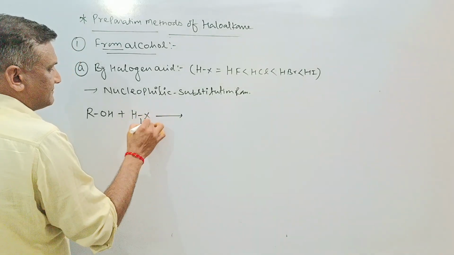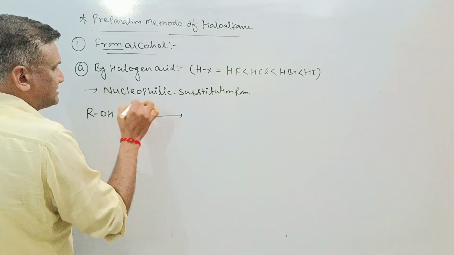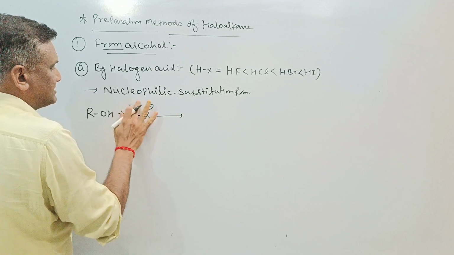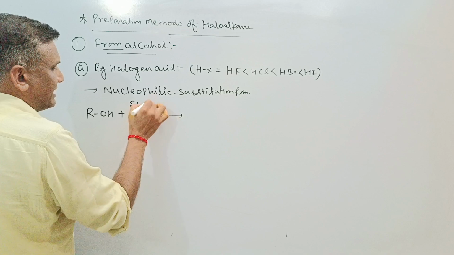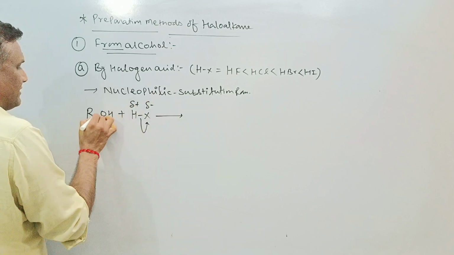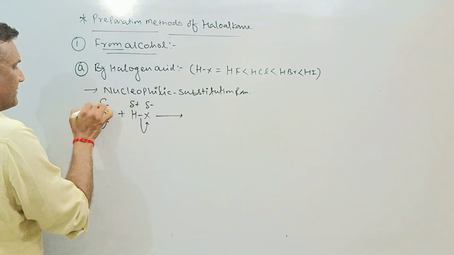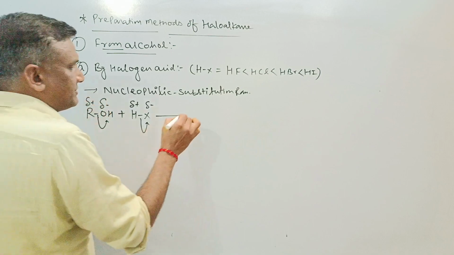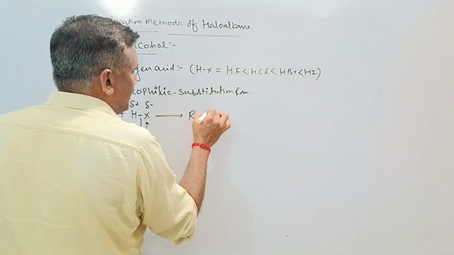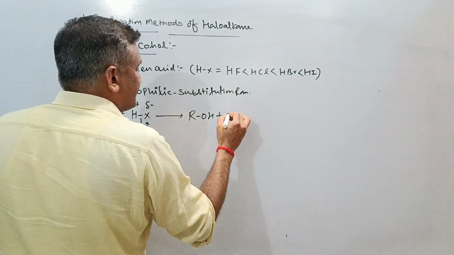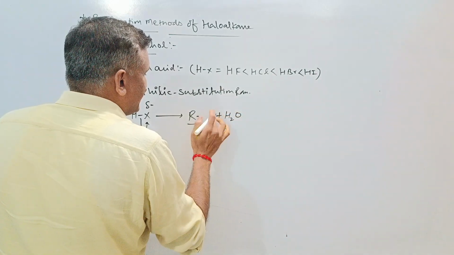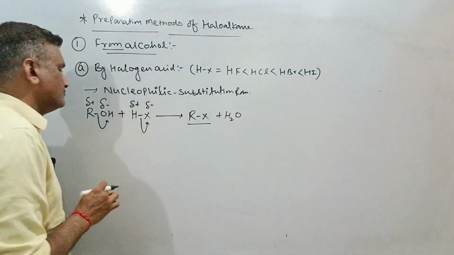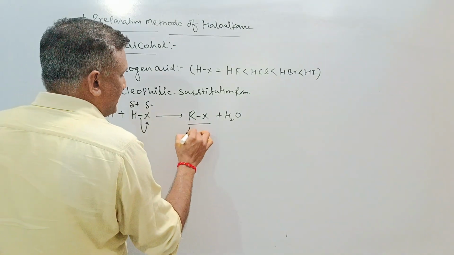Here there is a partial negative and a partial positive charge, delta positive and delta negative. Here the OH group is removed, and there will be formation of RX, and here will be formation of H2O. This is the haloalkane.